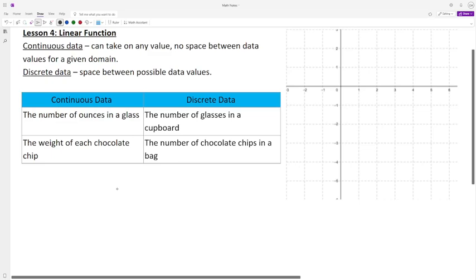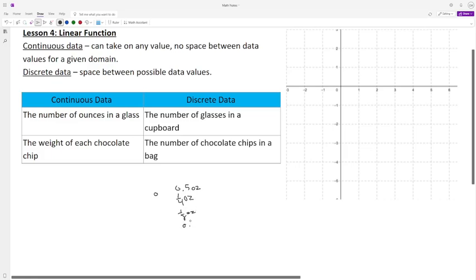Another example is the weight of each chocolate chip. If we have a chocolate chip, the weight of this chocolate chip could be anything. It could be half an ounce. It could be a quarter of an ounce. It could be 1/8 of an ounce. Again, we could have any range of ounces here.